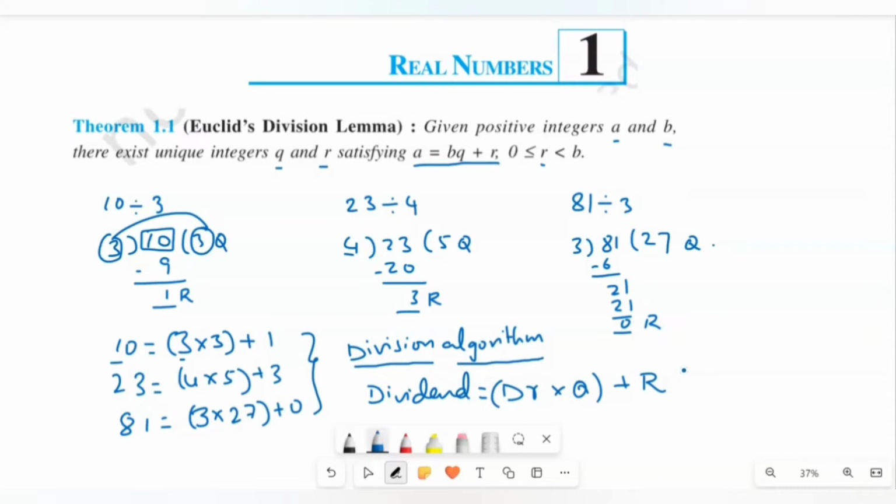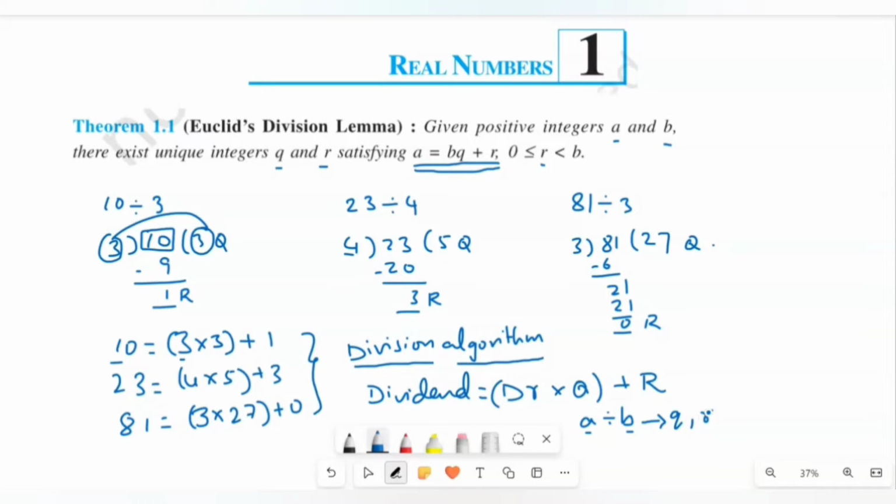If you observe carefully, our theorem statement is also the same as this. If a is divided by b, here a is the dividend, b is the divisor, and let us think q and r are the quotient and remainder respectively when a and b are divided.